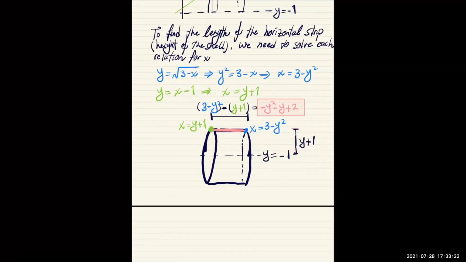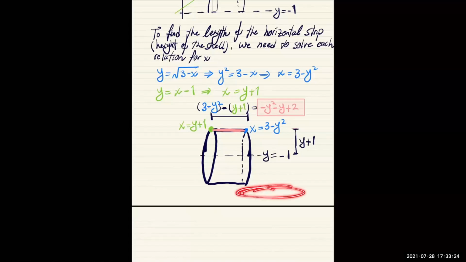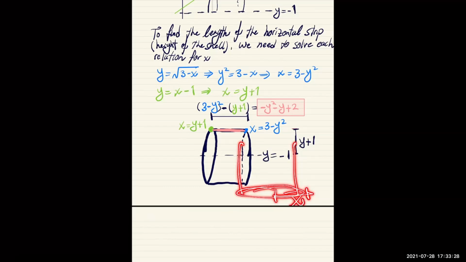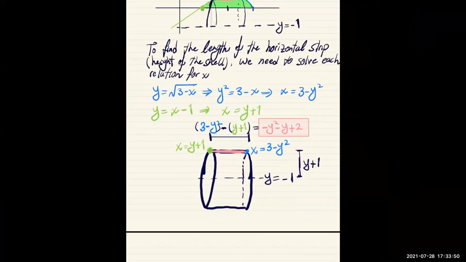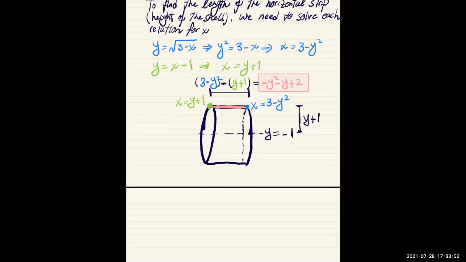If your shell is sitting horizontally like that, the distance would be x. But here, because it's sitting vertically, it's a y. One more time, you could see that from this picture. This is y. The distance from the x-axis to any point on the graph, that's a y. And then you have this extra 1, y plus 1. That's our radius.